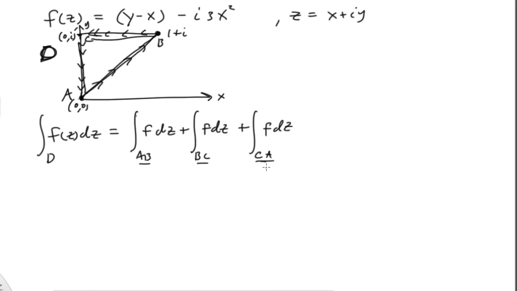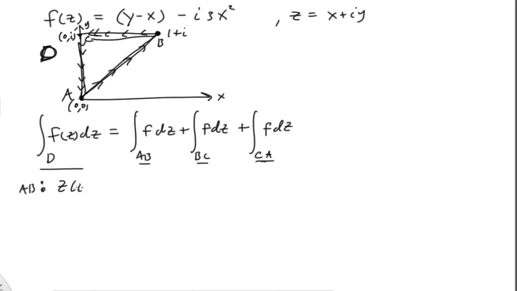Okay, so we've broken it up into 3 pieces. Now let's do those 3 pieces separately and then add them up to get our full result. Okay, so let's try AB first. So AB travels, I can write this. So this will be the AB integral.